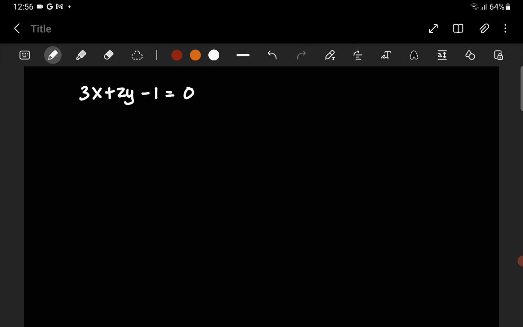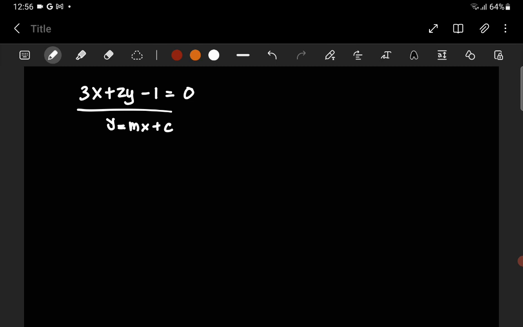If there is a question asking you about the gradient where the line intercepts the y-axis, then you need to make this linear equation into this format. So you need to be sure that the subject is y, a single y.